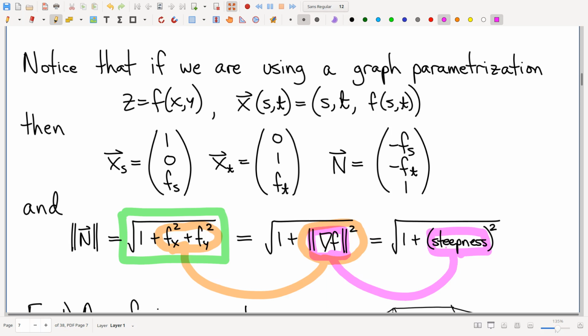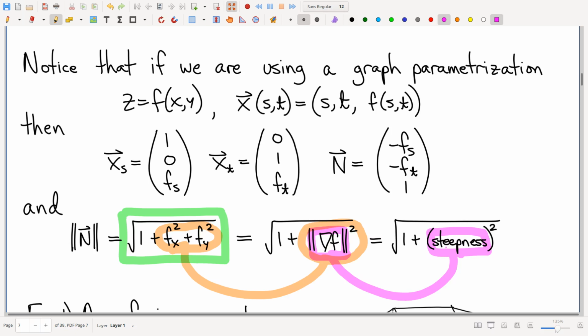Flashbacks to chapter 2. So another little nice convenience that can be super handy sometimes, and I have an example in just a second. That stretching factor, again, when you're using the graph parameterization, applied, of course, to a graph.